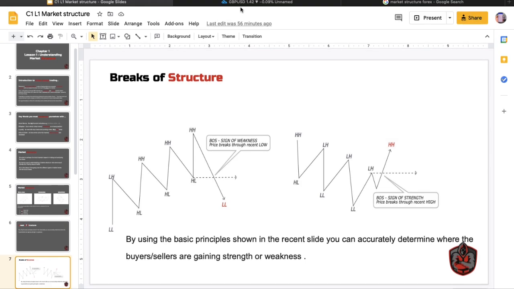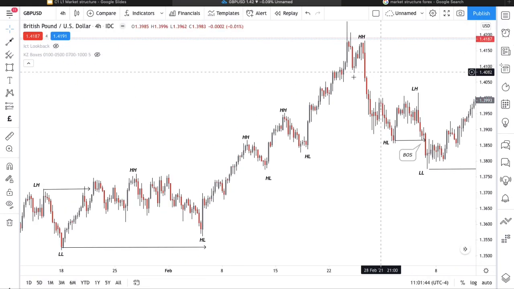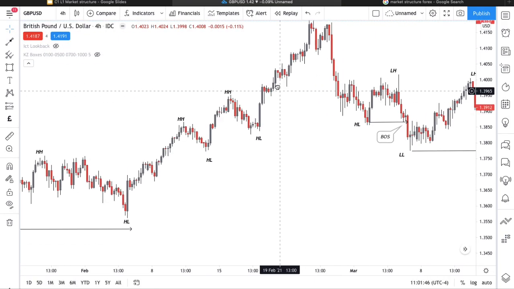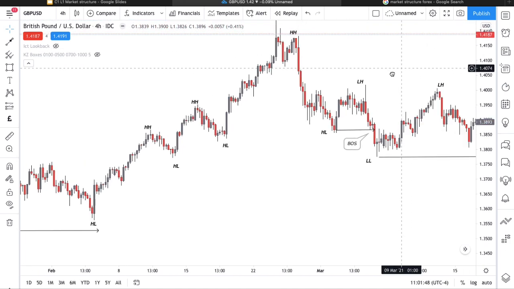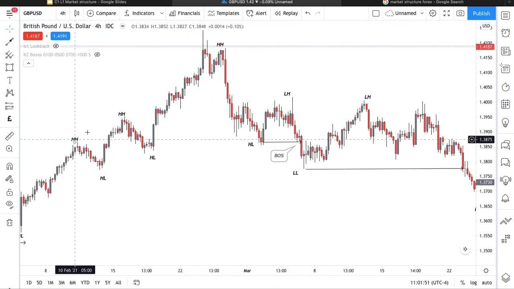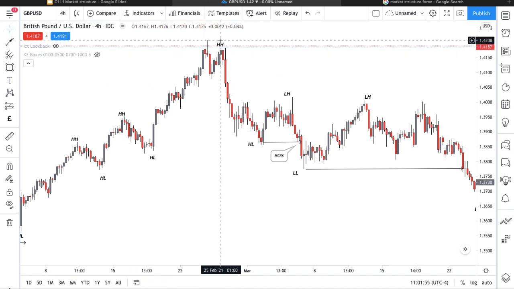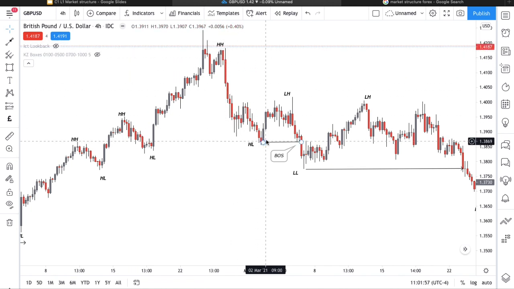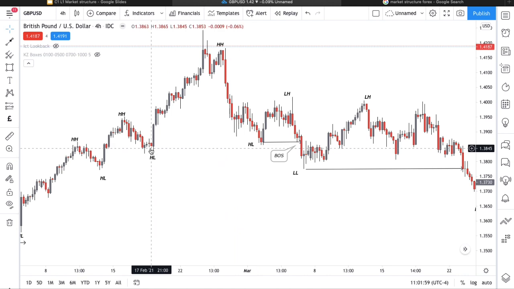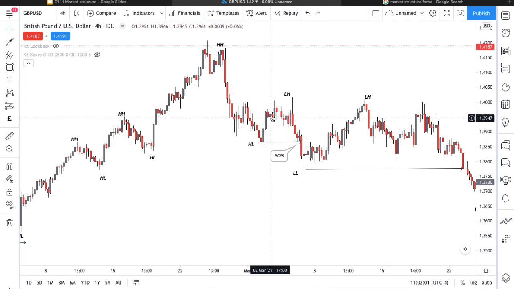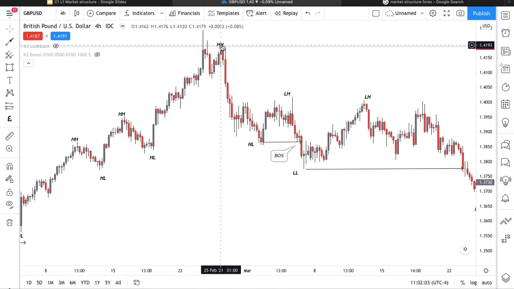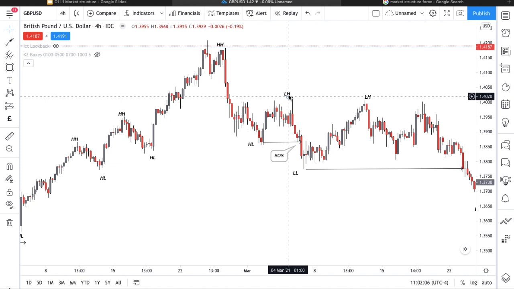So now if I go on GU again and show you an example of this taking place. So as we identified earlier, we noticed that price over here was in an uptrend, right? Creating higher highs, higher lows. But notice this, once we created that higher high, price pulled back and created a higher low, right? Because it failed to close below this higher low. But then once it started to move upwards, it then failed to close above this higher high, which then creates a lower high.